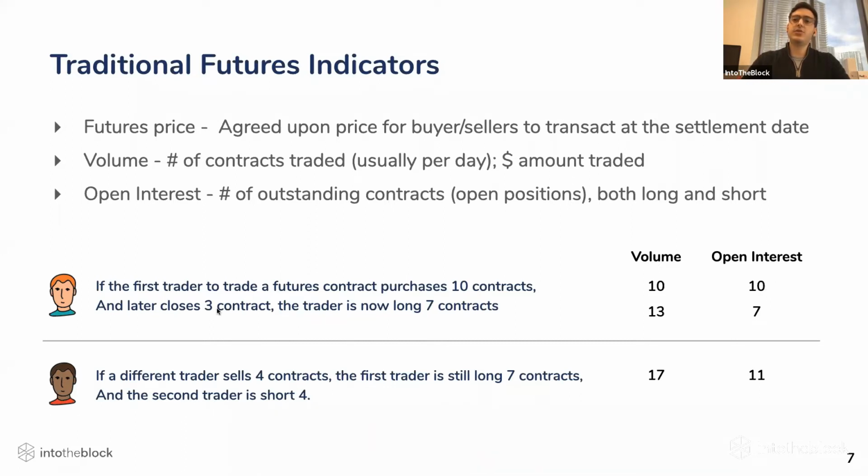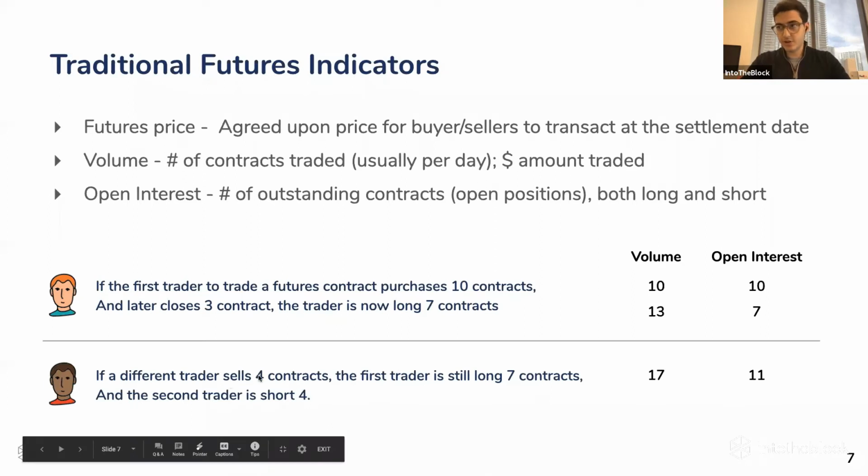Then they decide to close 3 contracts, then the open interest in this market, which is composed at this moment of only one person, would drop to 7, but the volume would also count that 3 contract closing transaction. And if another trader decides to open a position, in this case a short position, they sell 4 contracts, then that would increase the open interest by 4, but also increase the volume by 4.